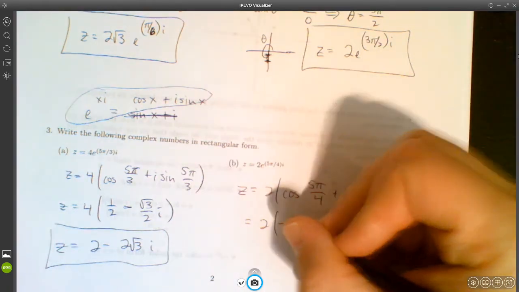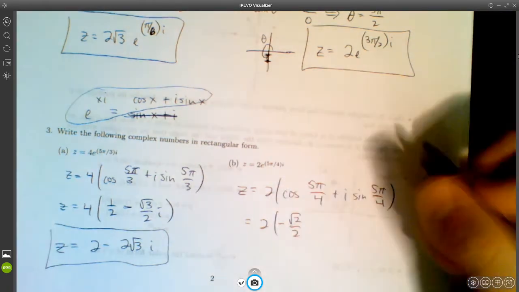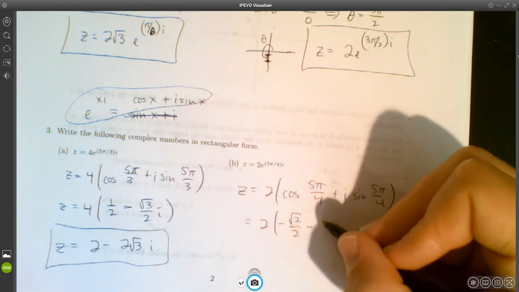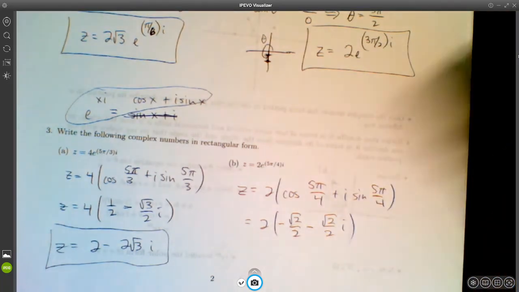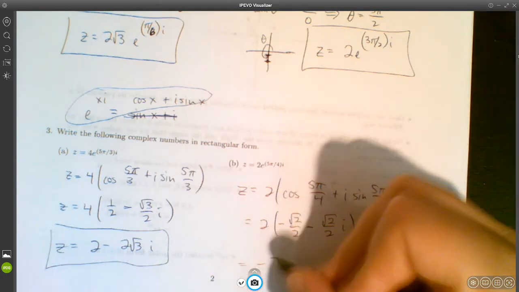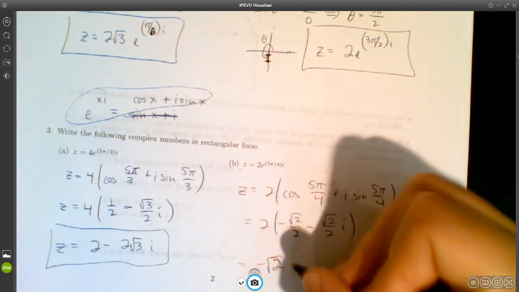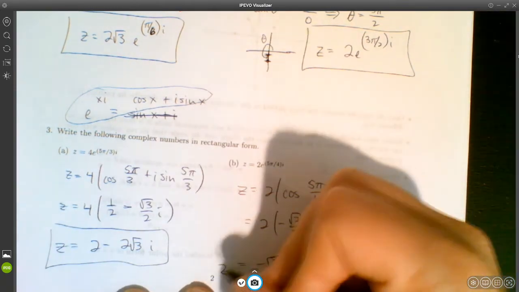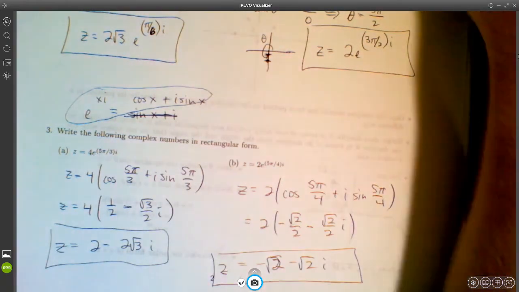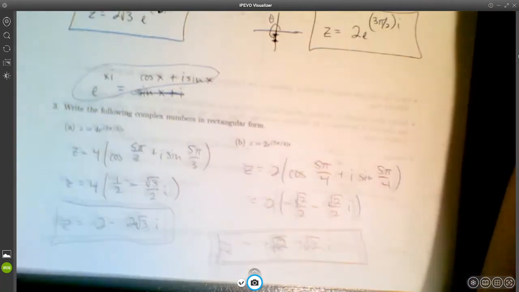So cosine is going to be negative there, and sine is also going to be negative there. So this is really negative root 2 minus root 2 i. So there's our rectangular version of that polar number. Okay?